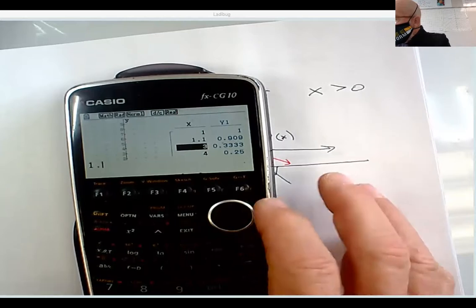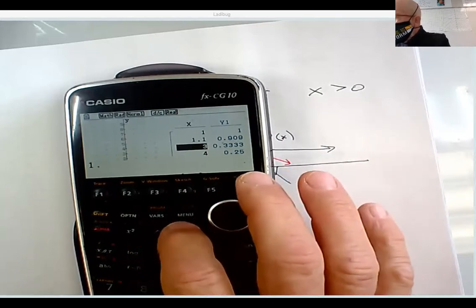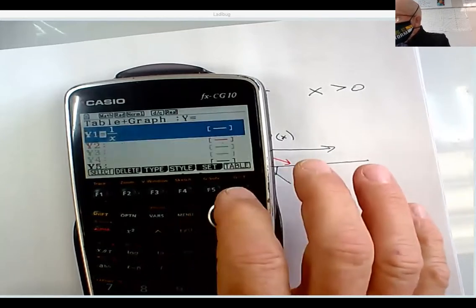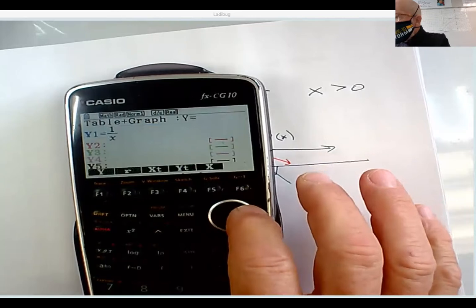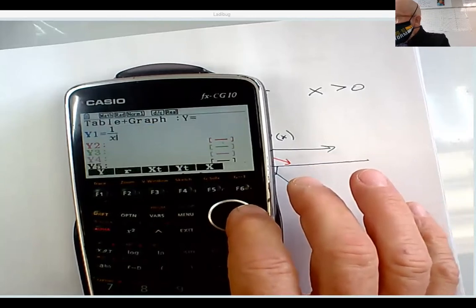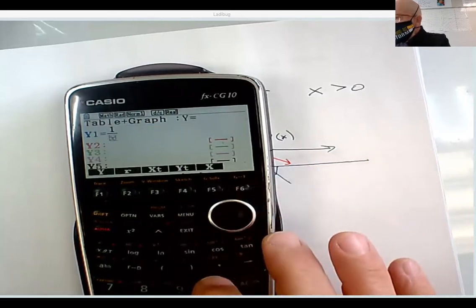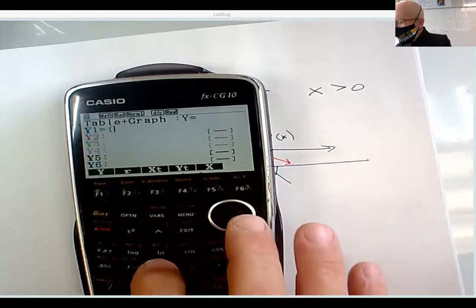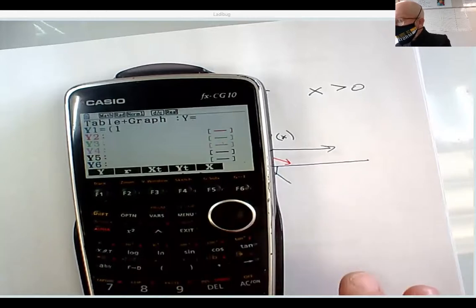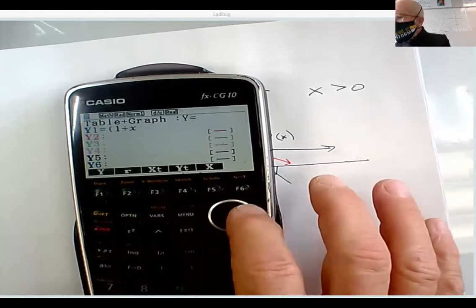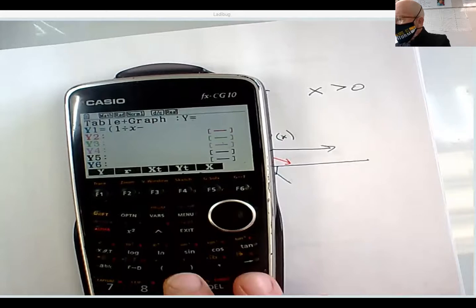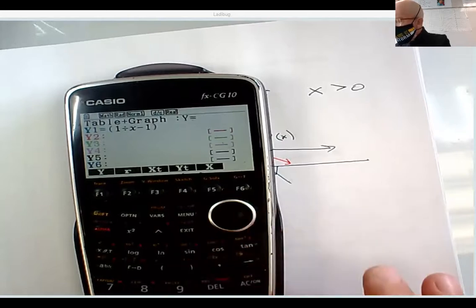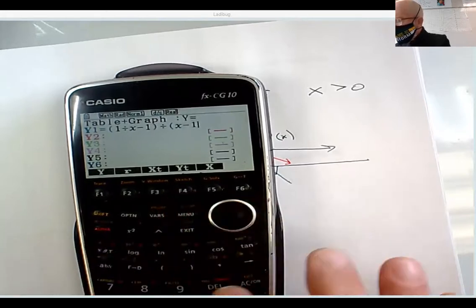Oh, excuse me, that's not what I want. I want this: parentheses, 1 divided by x, minus 1, divided by parentheses, x minus 1.